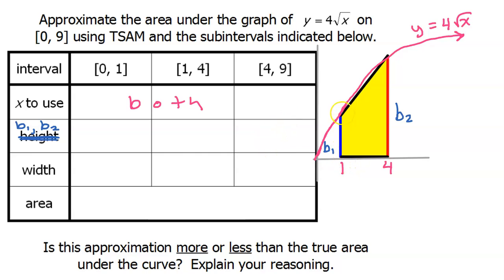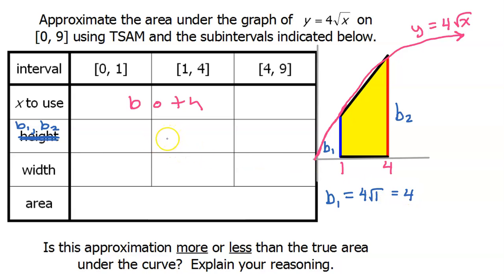So, I need to figure out what is the height of base 1. Base 1 equals what? Well, base 1 is touching the function. Okay? So, it's going to be the value of the function at 1. In other words, if I take the function and plug in 1, that's 4 times the square root of 1. So that's 4.